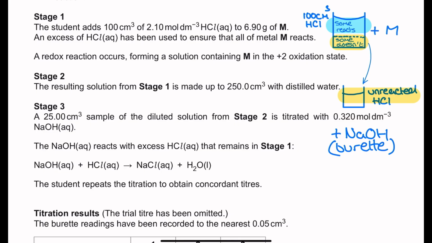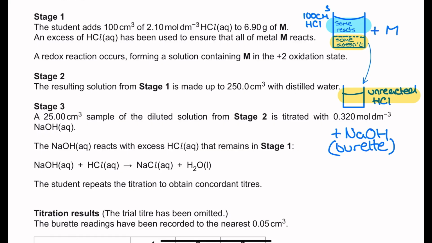We're going to figure out the moles of sodium hydroxide per titration, use the ratio between sodium hydroxide and HCl, which is 1:1, to figure out the number of moles of HCl in a 25 centimetre cubed portion, scale that up to determine how many moles of HCl were in the 250 diluted solution, and that's going to be equal to the number of moles that didn't react with metal M at the start of this process.